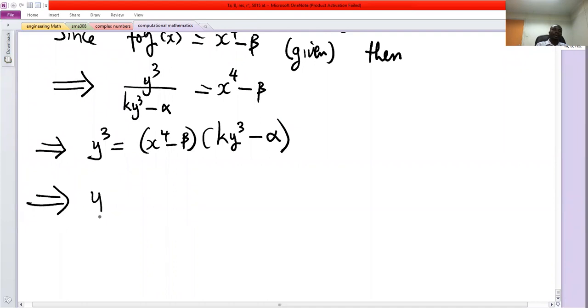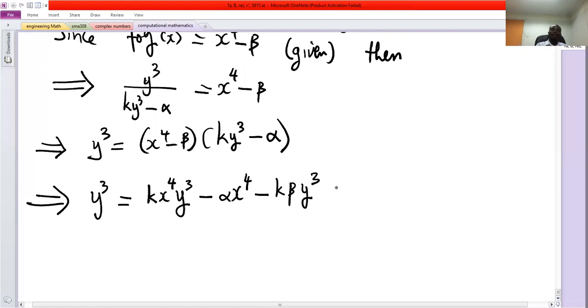So this implies y cubed equals k x power 4 y power 3 minus alpha x power 4 minus k beta y power 3, plus alpha beta.